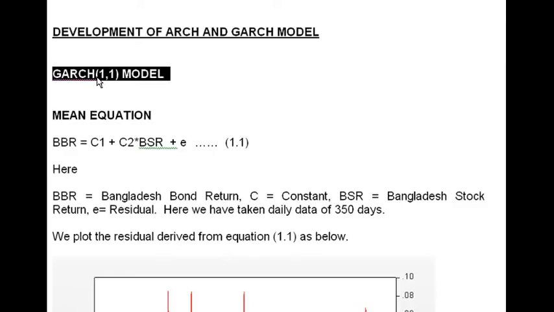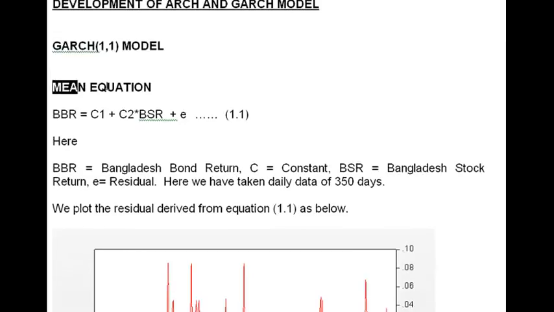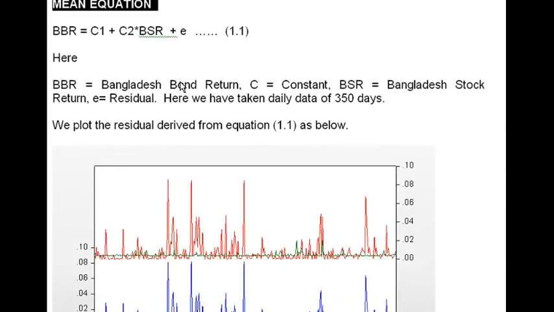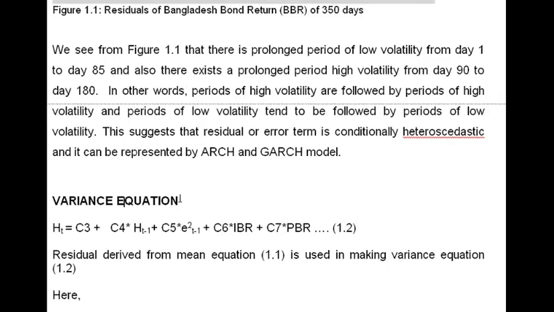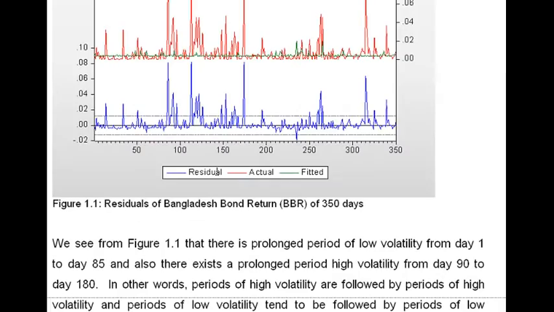Okay, so this GARCH(1,1) model has two parts. One part is mean equation, that is part number 1, and the second part is variance equation. So we have two parts.